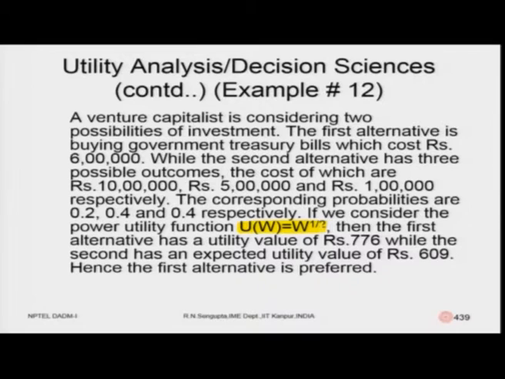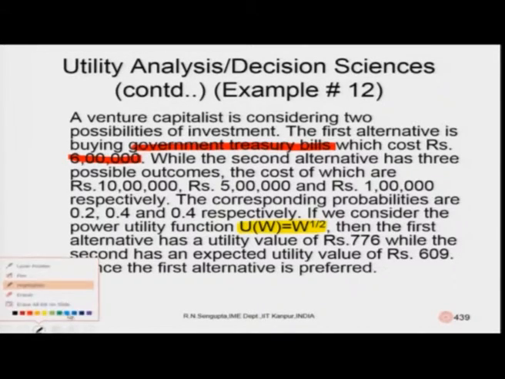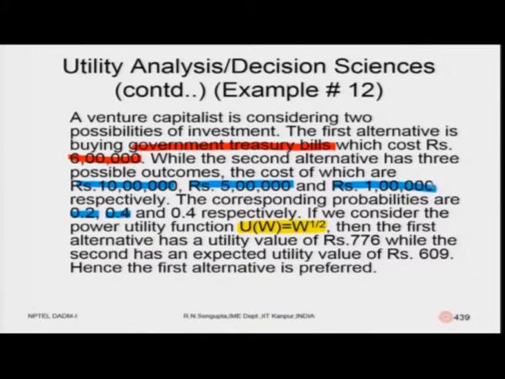This is the utility function, I colored it yellow. Now, what are the 2 decisions? I will mark them with different colors, so it is easy. Government treasury bills, this is the w value, and for the other one 10 lakhs with 0.2, 5 lakhs with 0.4, 1 lakh with 0.4.